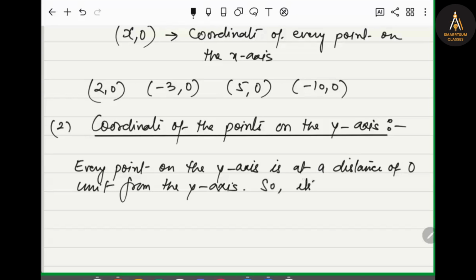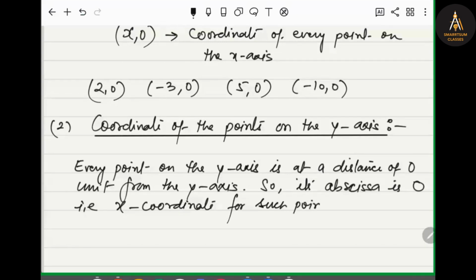Its abscissa is 0. That is, the x coordinate for such a point will always be 0. Okay?